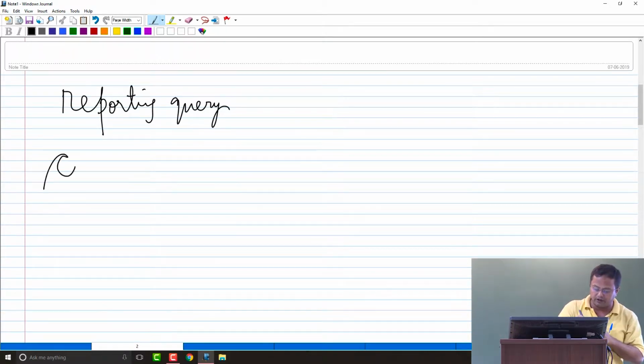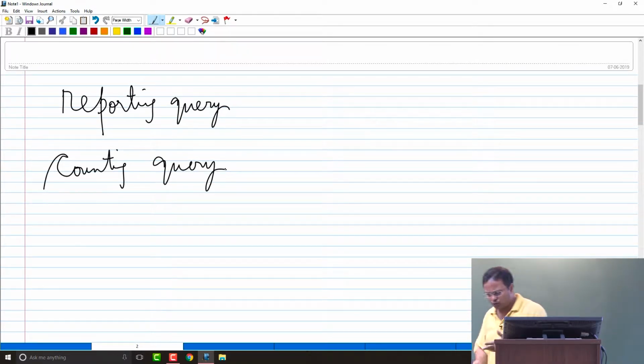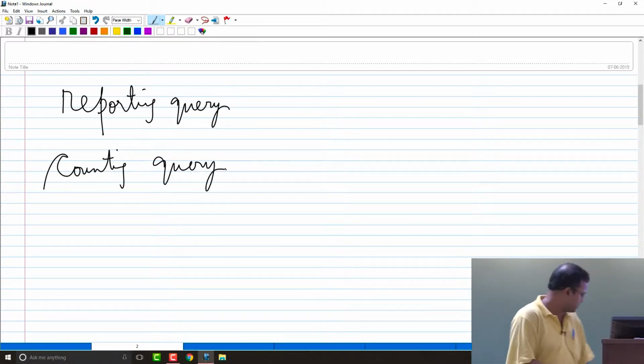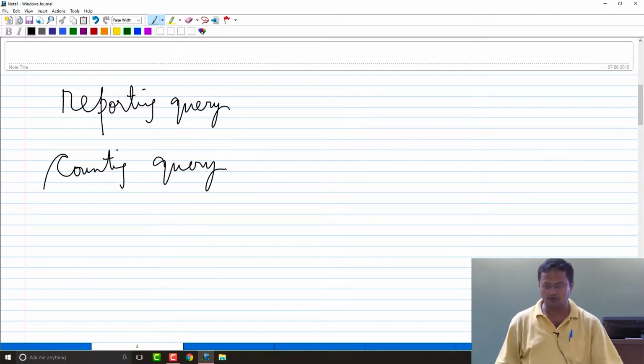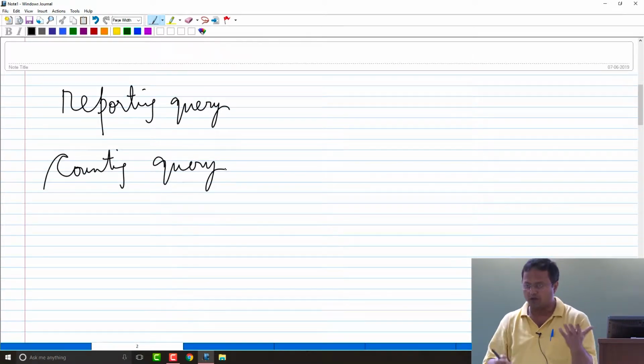There can be a different version of it, where I am just interested in the number of points inside Q. I just do not want their explicit coordinates. In the input you give me a Q, I have to report the number of points inside. These queries are very relevant to, say, mobile tower regions, where you have mobile users moving. You give a query and ask how many users are within a particular range.